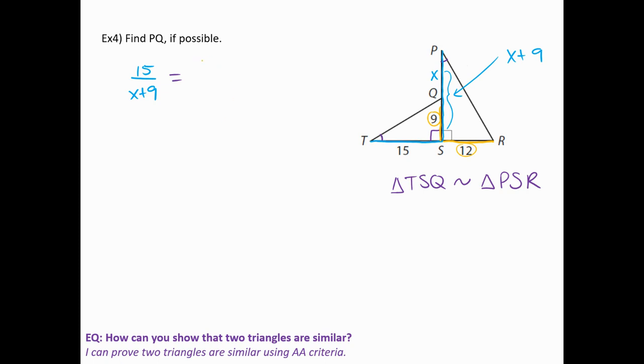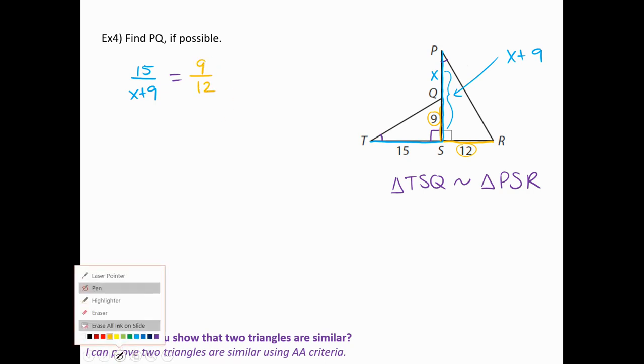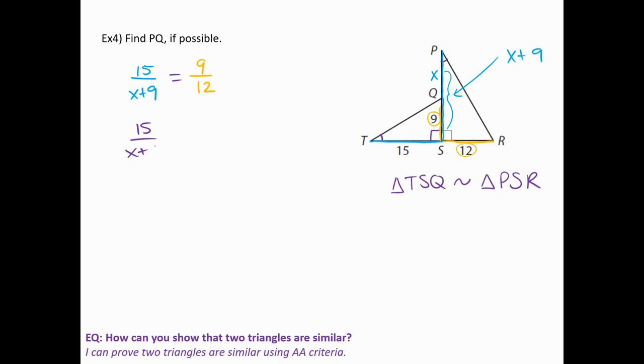Okay, so I would say 9 over 12. This time I might actually reduce because I have some big numbers in there. So I'm going to rewrite, I have 15 over X plus 9. On this side, I can divide top and bottom by 3. So I get 3/4. That's a little bit nicer.